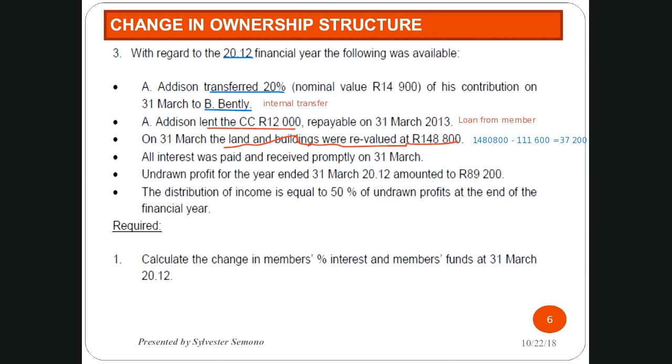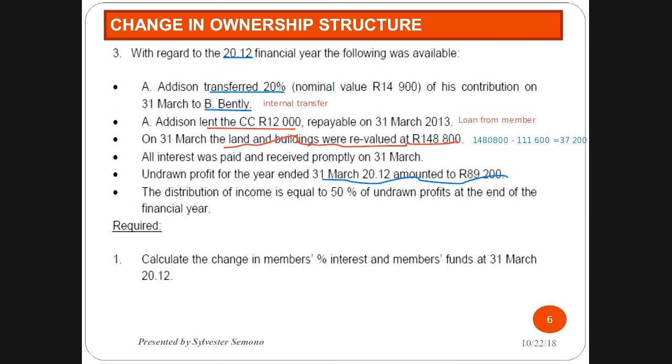We have got our undrawn profit as 89,200. And again, they say the distribution of income is equal to 50% of undrawn income. It's the same as, we can call it, distribution to members.